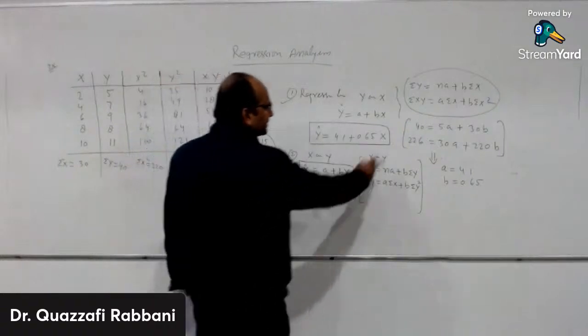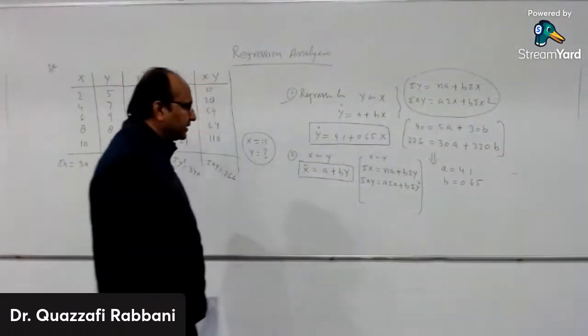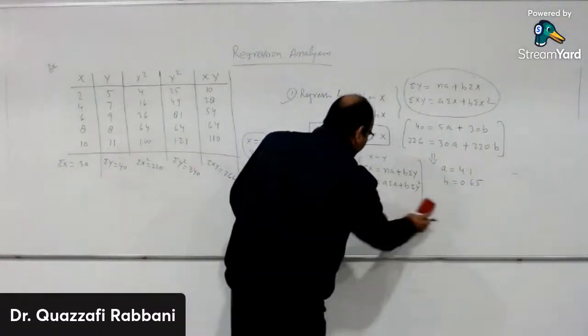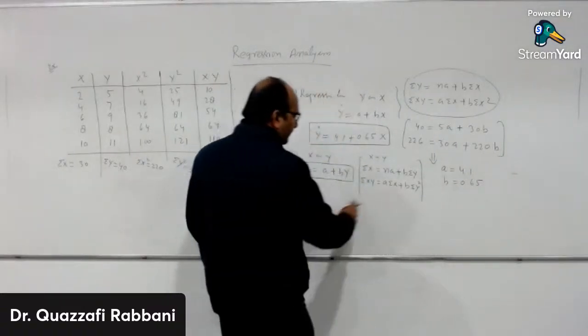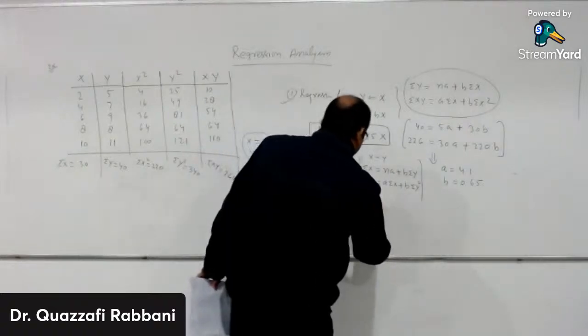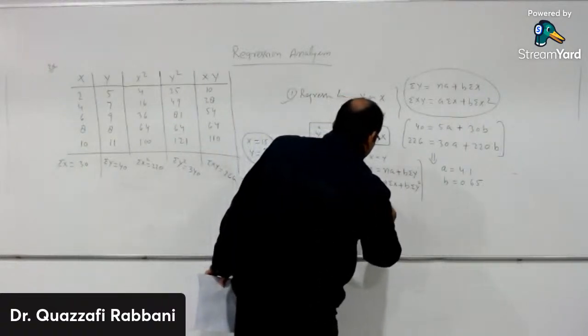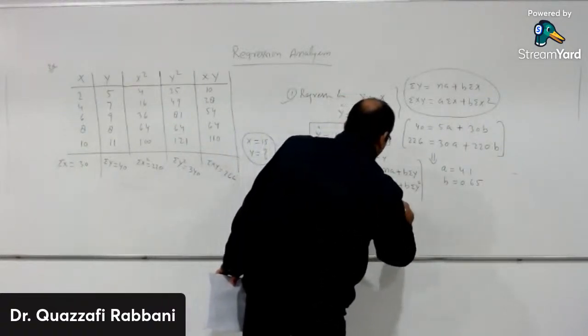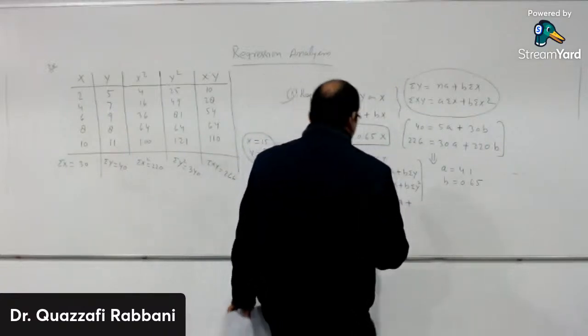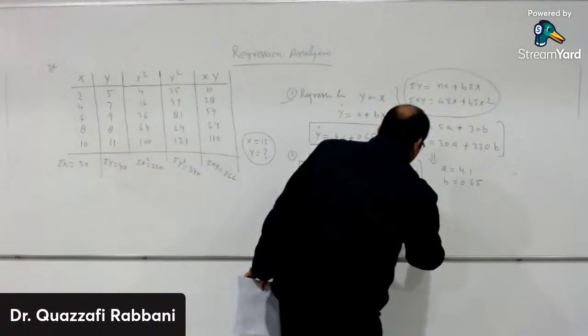Just replace x and y by interchanging, then you will get this. Now putting the values: summation x is equal to 30, so 30 is equal to 5a plus b summation y, and summation y is equal to 40. So this is 40b.